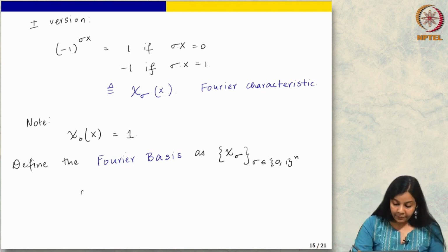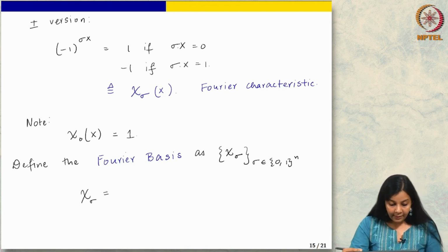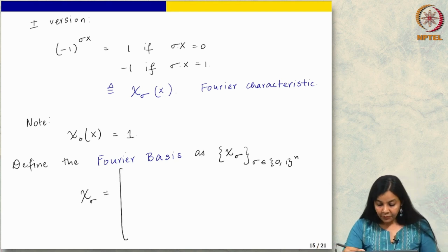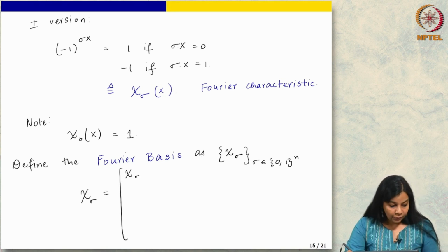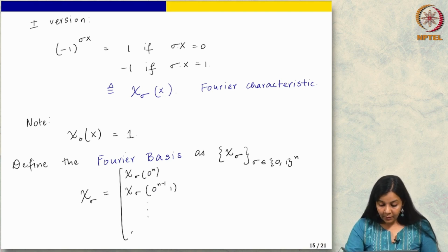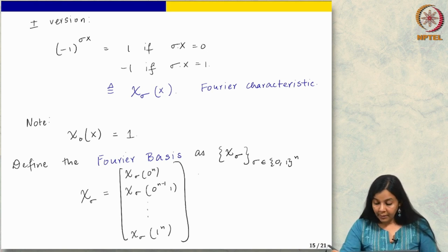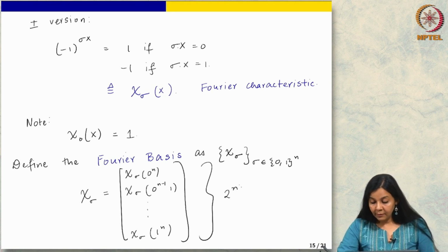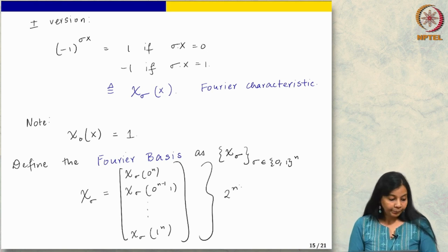So, let us represent chi sigma as a vector here, with entries chi sigma at 0...0, at 0...01, up to 1...1, and once again note that this is of length 2 to the n.